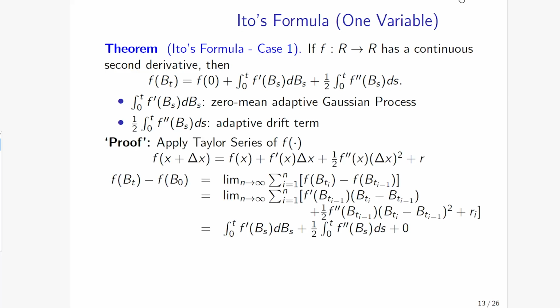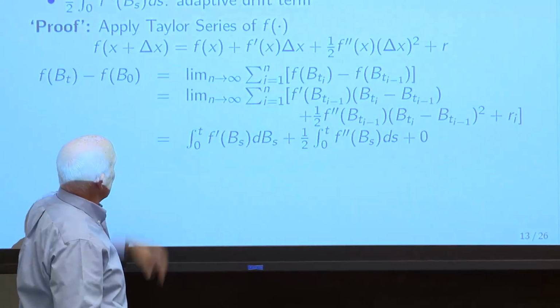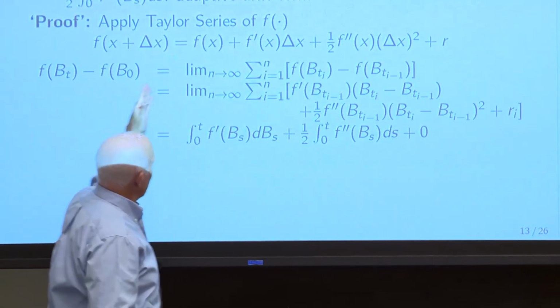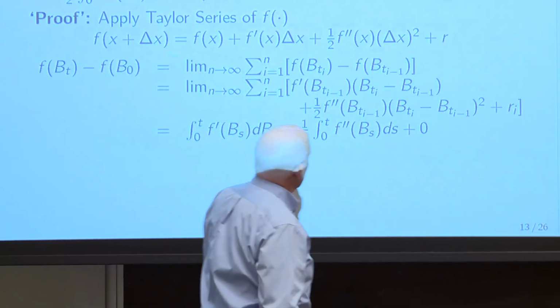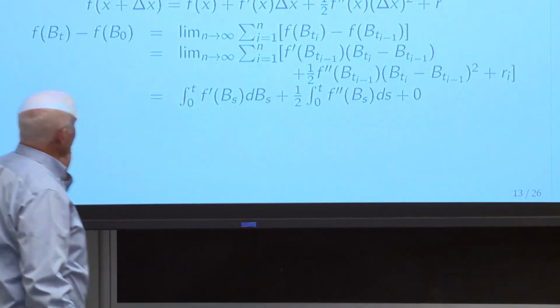We can outline the proof by saying, let's consider the Taylor approximation of f at x plus delta x and expand it to second order terms plus a remainder.